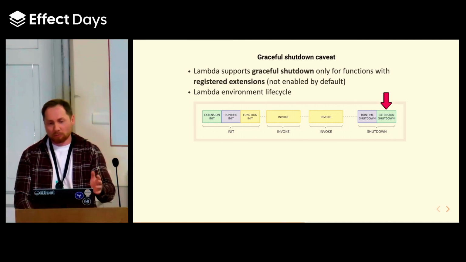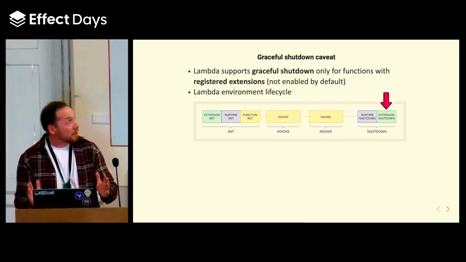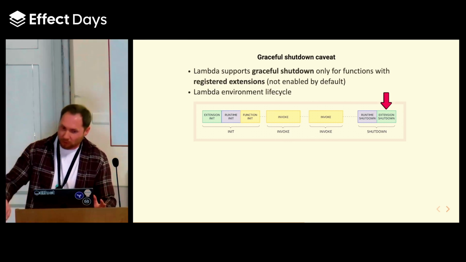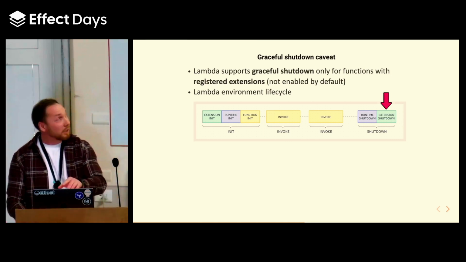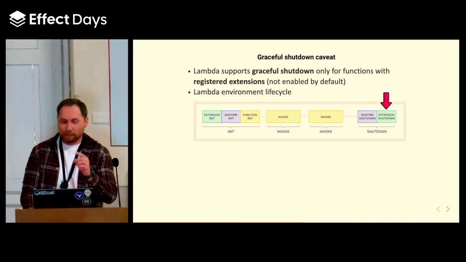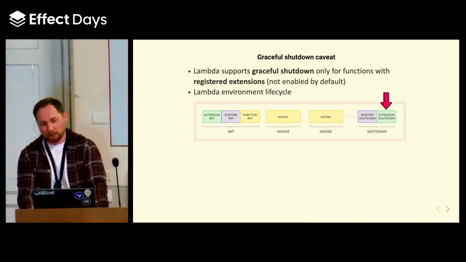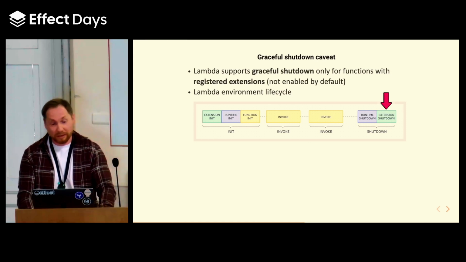And then after a certain amount of inactivity, the Lambda service will send a signal to downscale the Lambda function, and the runtime would be downscaled, and the extension will be shut down as well. At this point, it will emit a SIGTERM event, and our layer would be gracefully shut down.